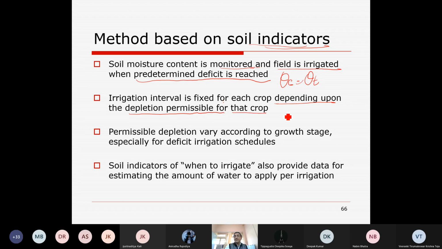It may be, but for a different season it may change. Reason being, the same amount of ET is not every day and for every season.